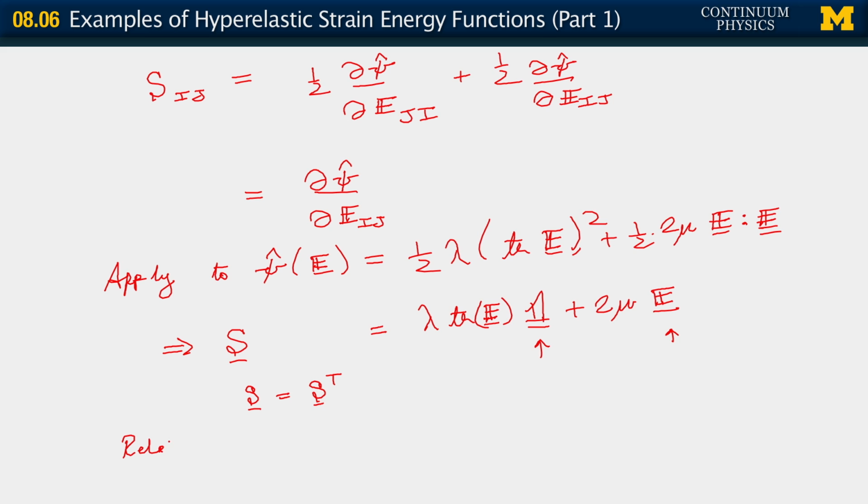So the relation between S and E for this particular model is linear, but E, which is 1/2 F transpose F minus the isotropic tensor, itself is nonlinear in the displacement gradient, right?